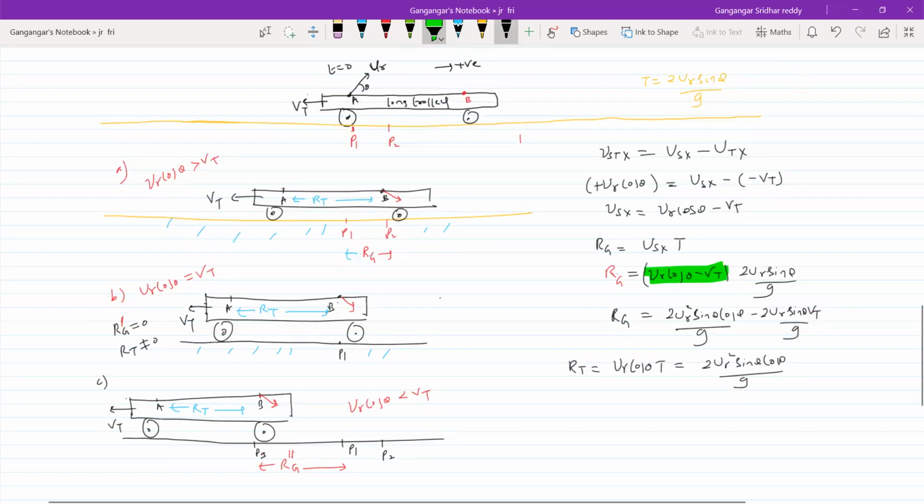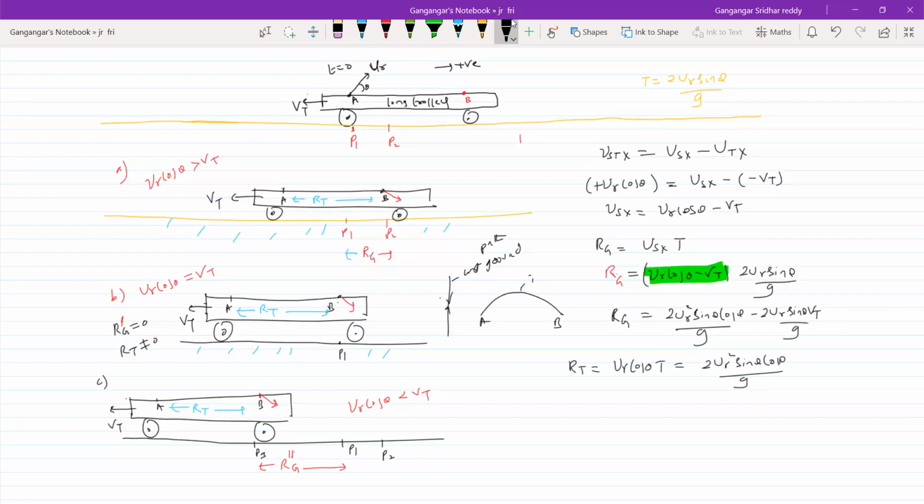So okay, you want a diagram, huh? So here it will appear like this. This is with respect to ground. Path with respect to ground. In case of path with respect to trolley.